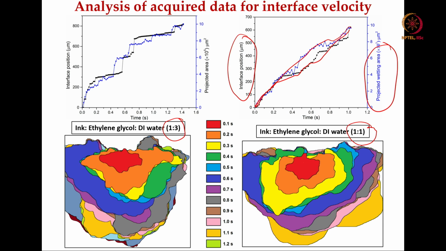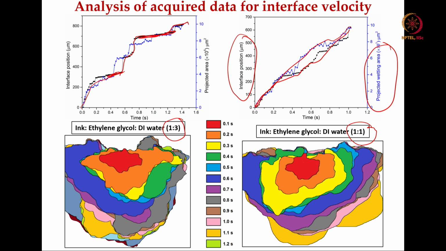This is for ink where ethylene glycol to deionized water is 1:1 ratio. When it is 1:3 ratio, then it goes up, then it goes through some kind of pseudo steady state, then it increases, then it goes to pseudo steady state, then it increases.